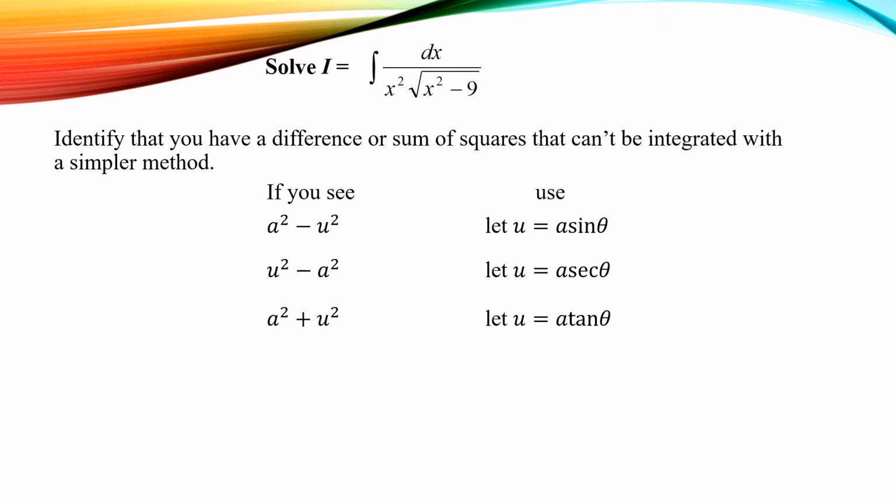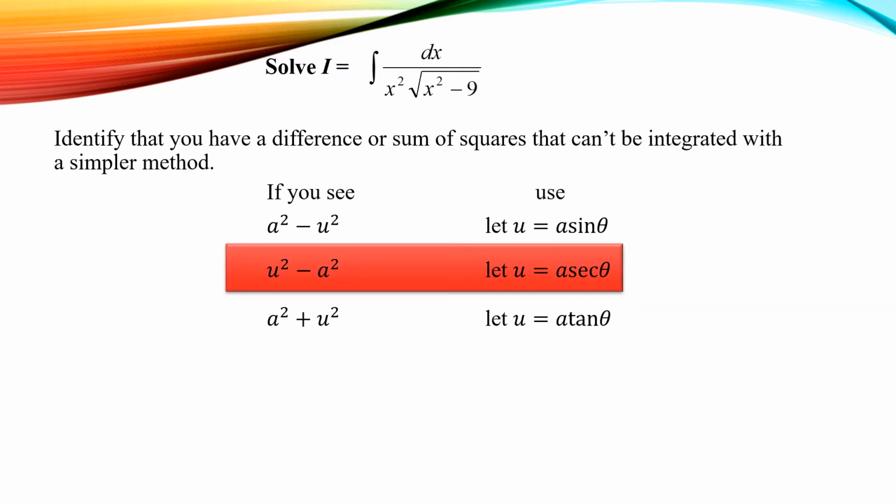So we need to compare which of these forms are present in the question that we have. It is clear that we have the function first difference of squares, so u squared minus a squared. So we're going to end up using this substitution, let u equal a secant theta. In the original problem, the u squared is x squared, so that means that u has to be x.